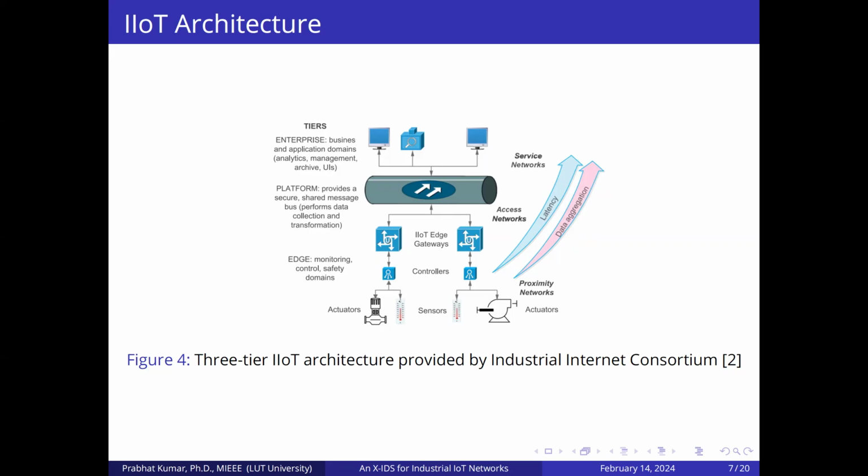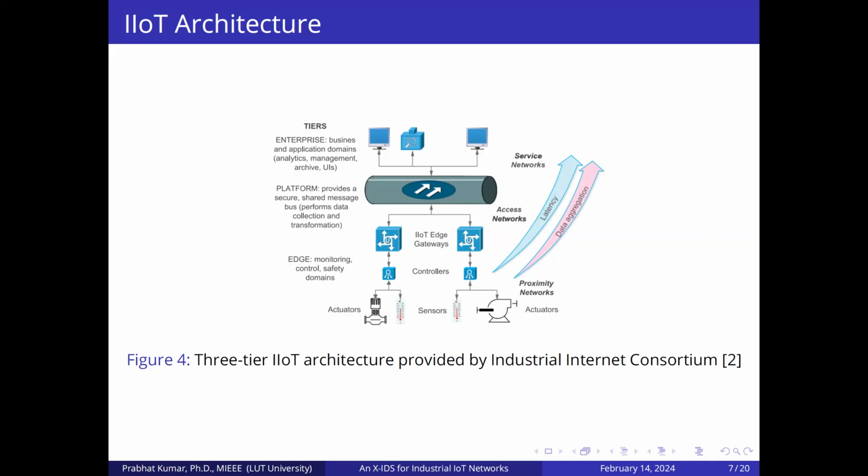For example, if my ultimate goal is to work on the bottom layer where we have the physical devices, and I want to develop a certain AI-based algorithm which can see how the data is being transferred between the device and the end business layer where some application is there, in this scenario I think the best choice will be the three-tier architecture, in which we have the edge layer at the bottom, and then a platform layer which helps you send and share messages that you collect in real time from your devices to enterprise business applications.